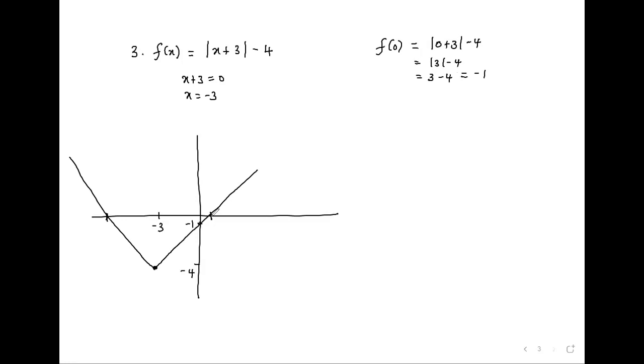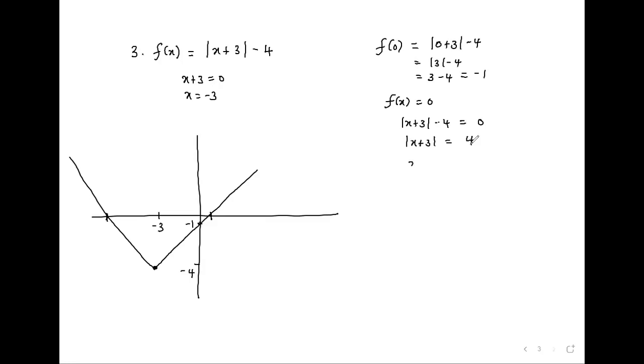So to find those points, we equate f of x to 0. So we'll have the absolute of x plus 3, minus 4, is equal to 0. That is, the absolute of x plus 3 is equal to 4.